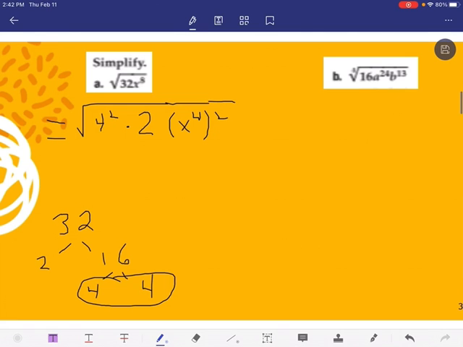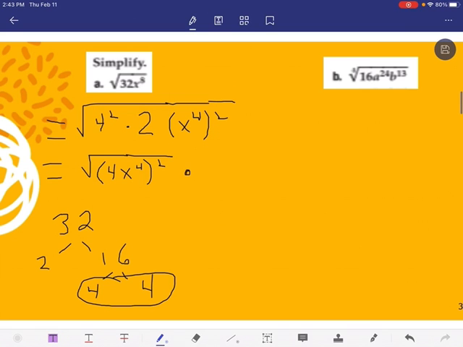Now the only difference between here and what we did before is notice that this time I have something that's not going to reduce. My 2 doesn't have an exponent of 2, which means that I can't group it with my other things. So the way that we kind of get around that is notice that we could write 4x to the 4th to the 2nd power, because both of them have a squared on the outside.